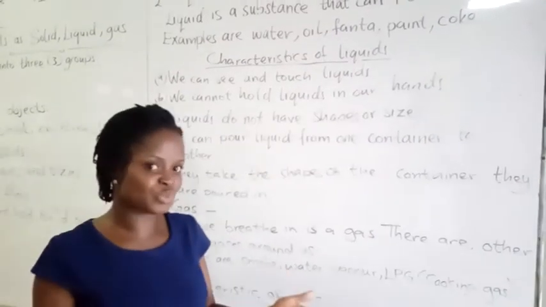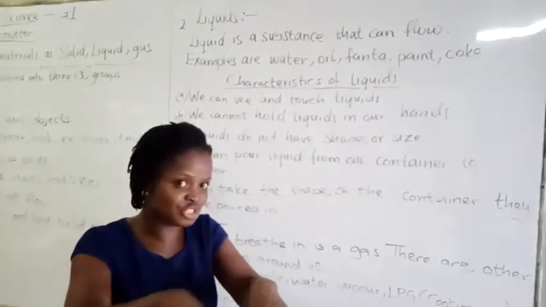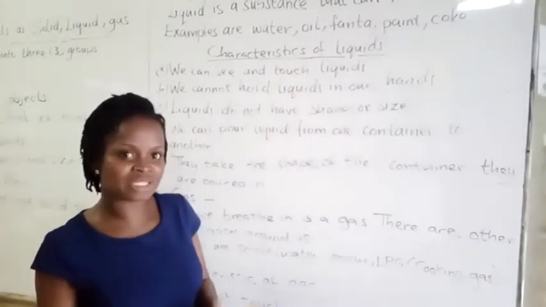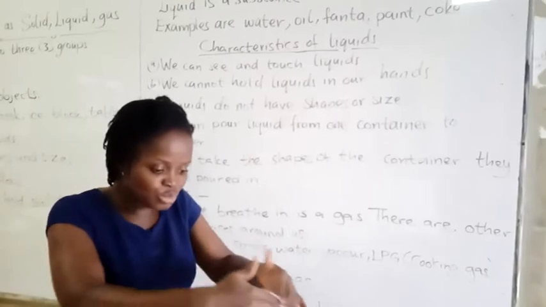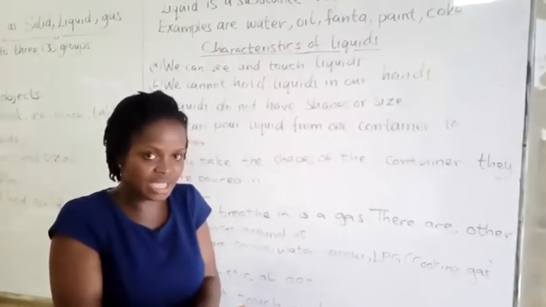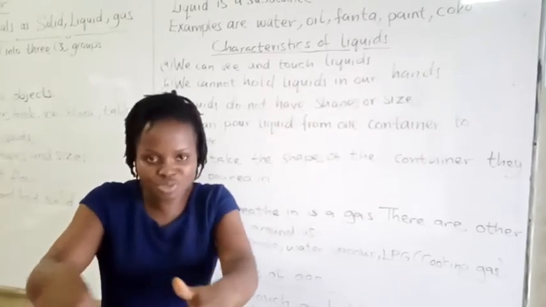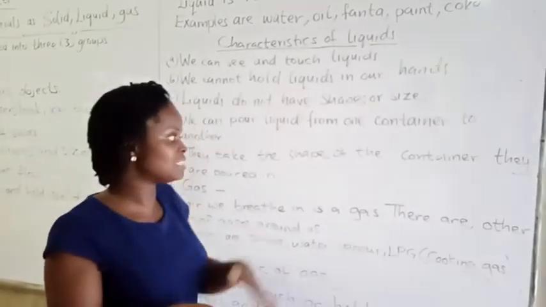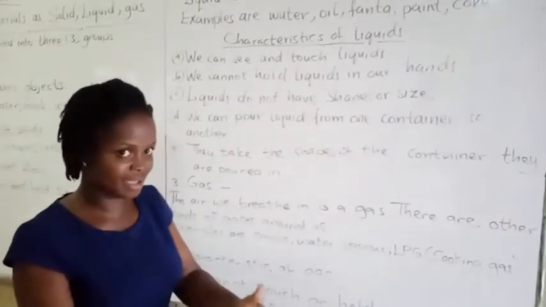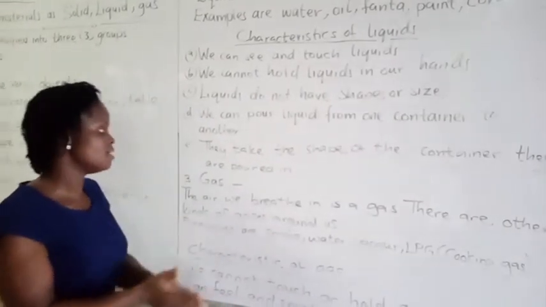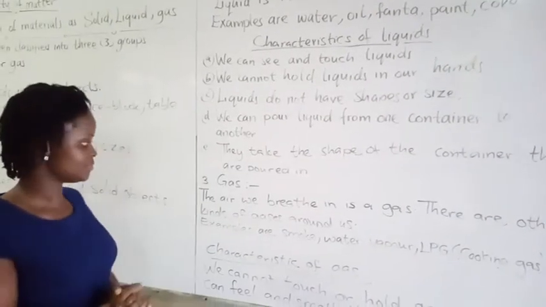Most of the bowls we have are round, so if you pour water in a round bowl, the water looks rounded. If it's in a square bowl, the water will look square. That's the meaning of taking the shape of the container it is poured in.